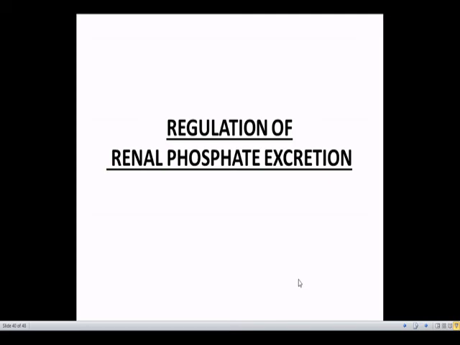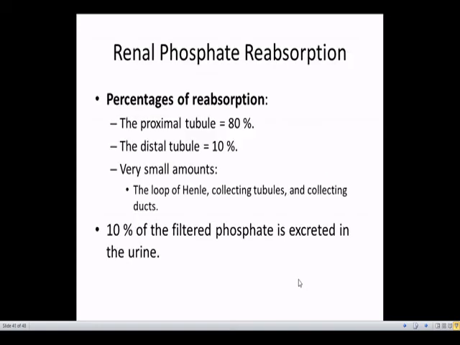Regulation of renal phosphate excretion. Renal phosphate reabsorption.